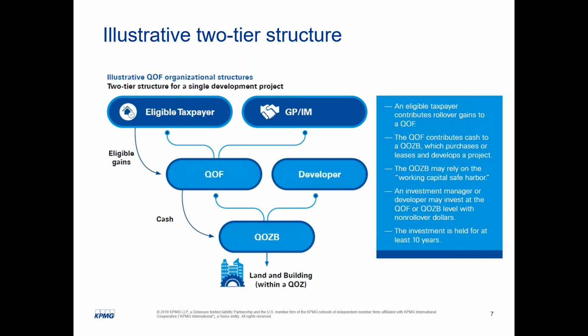So we're seeing this 2-tier structure where rollover dollars go into the QOF. The QOF, usually within 6 months, because that's when the first testing date is, will fund the QOZB. The QOZB will enter into a working capital plan saying we plan on developing or buying this building and developing it within 31 months. And that's the way we're managing the cash issue.